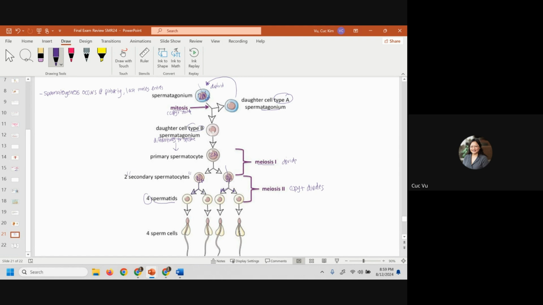How many chromosomes will you find in each spermatid? 23. Yep, 23 or else 1N. And 92? I heard a 92, right? Is there any 92 in here?